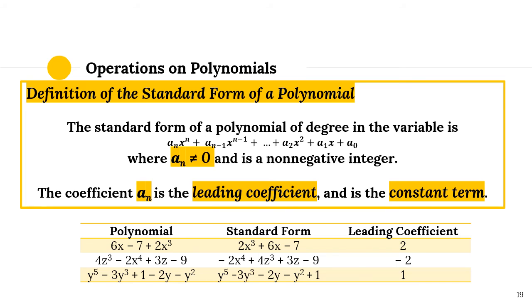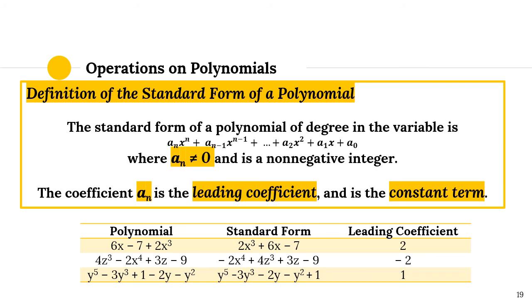So let's have an example here for polynomial. We have 6x minus 7 plus 2x cubed. Converting it into a standard form, we're required to place the one with the highest degree first. That's 2x cubed, followed by the term with the second highest degree, 6x minus 7. So the leading coefficient here is 2.